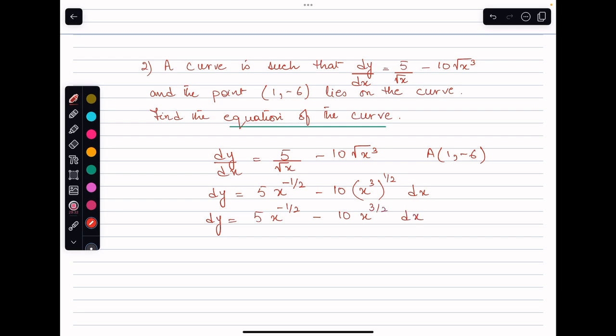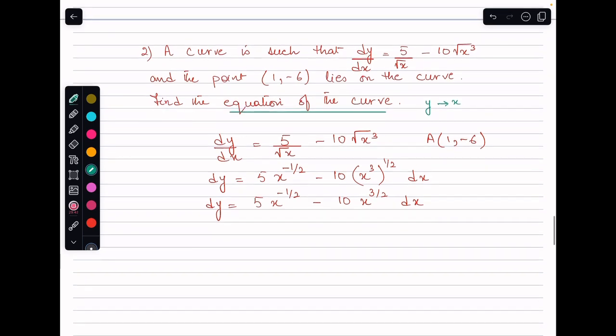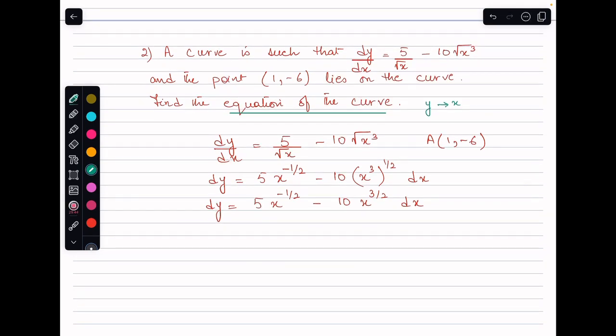So to get the equation of the curve, what it means is to get y in terms of x. I have my dy with respect to dx, so I should be integrating both the sides. If I integrate both the sides, the integral of dy becomes y.